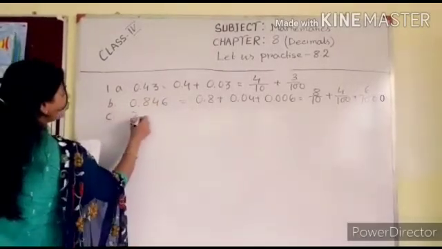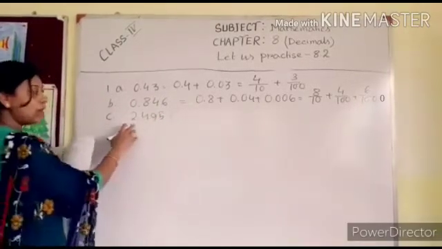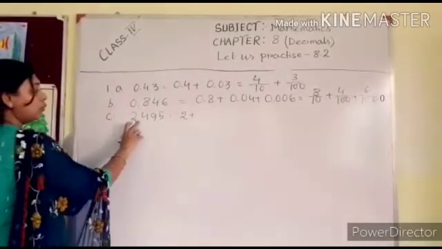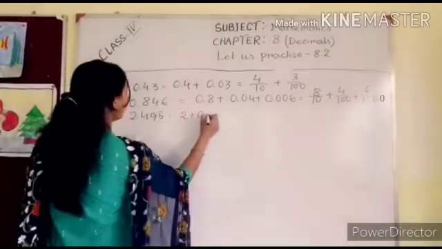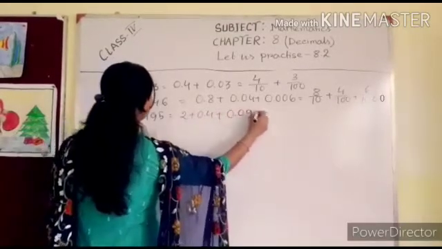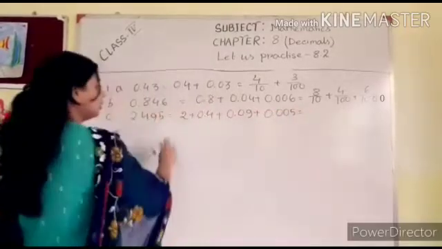2.495. 2 is a whole number, so you write 2. Then 0.4 plus 0.09 plus 0.005.